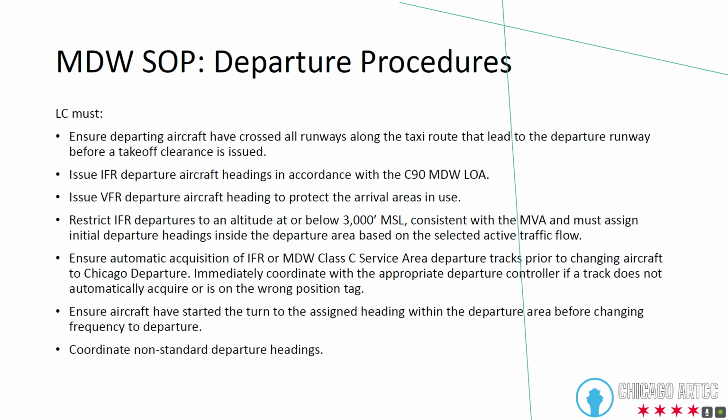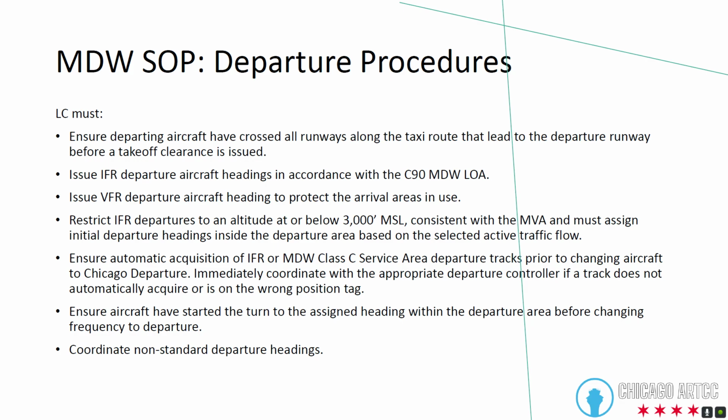Obviously, we don't want our VFRs cutting through the arrival descent area that our approach controller has aircraft on for the approach. Restrict IFR departures to an altitude at or below 3,000 MSL consistent with the MVA, the minimum vectoring altitude, and must assign initial departure headings inside the departure area based on the selected active traffic flow. That goes back to our point above about IFR departure headings. Again, we'll cover that soon.